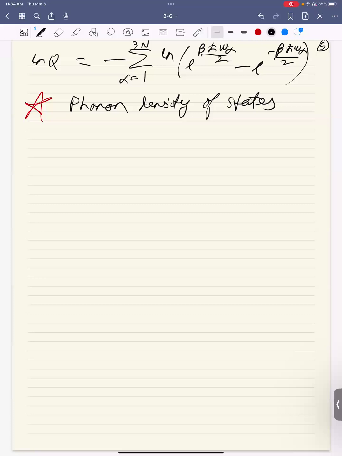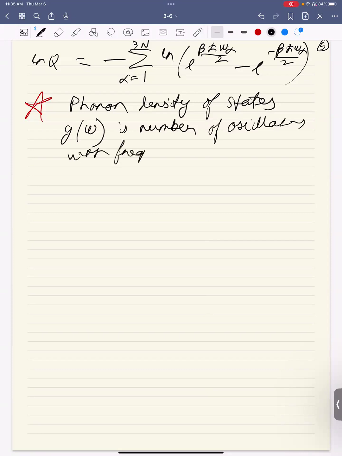So the phonon density of states G of omega is the number of oscillators with frequency in the interval omega to omega plus d omega. Okay, so it's a mathematical way of saying the number of oscillators which have frequency around omega.